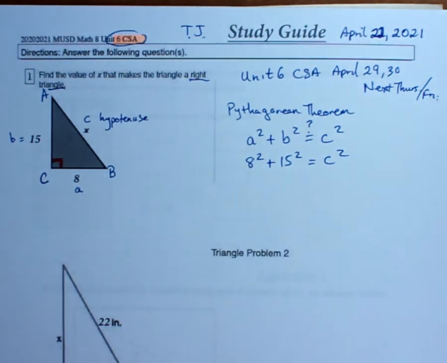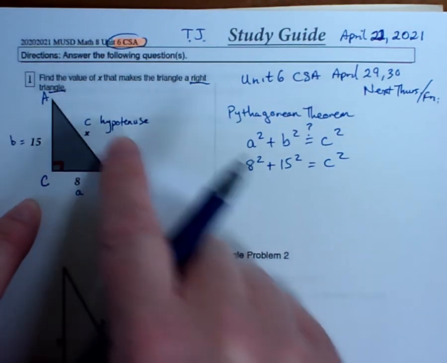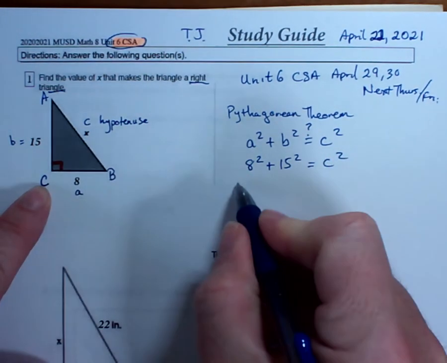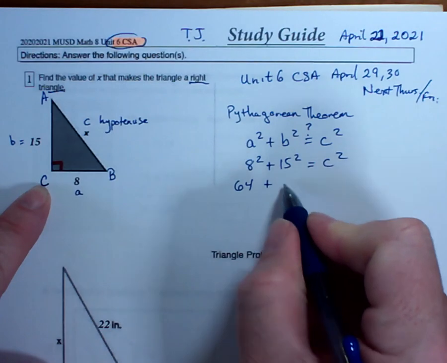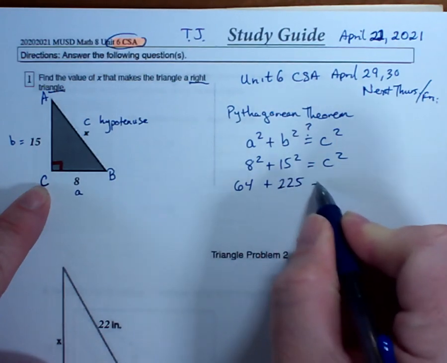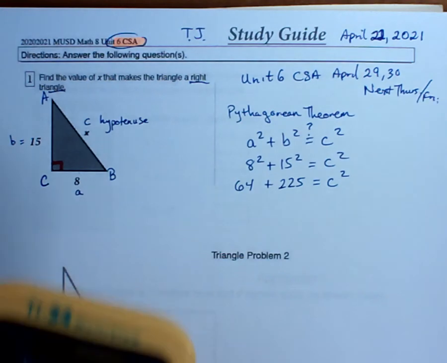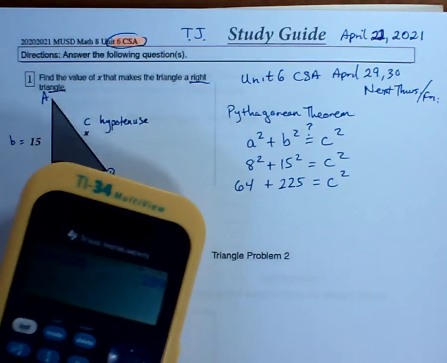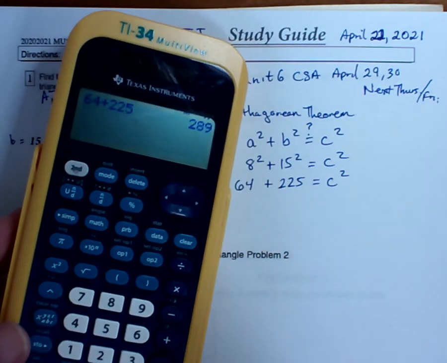Now remember, it's easiest to solve for a missing hypotenuse, so this is one of the easier problems. 8 times 8 is 64. 15 times 15 is 225 equals C squared. I'm going to add 64 plus 225. I get 289.